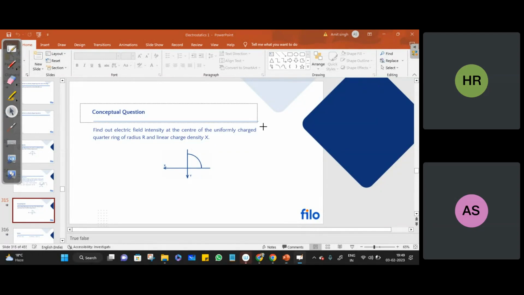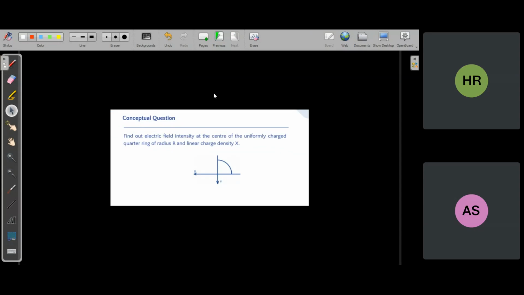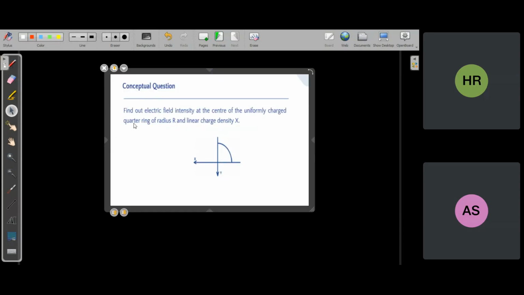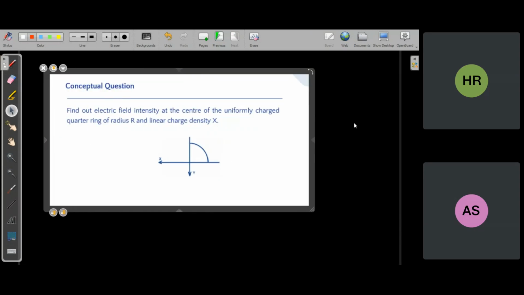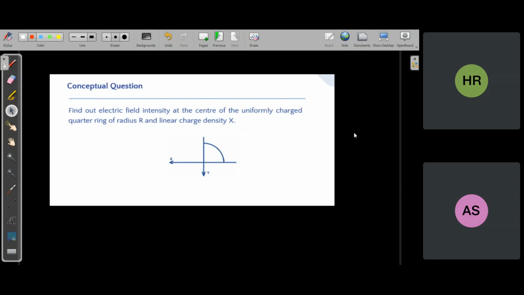If this is the question, then what will you do? So 0 to pi by 2 limit of integration. And which component will you integrate? Which component will get cancelled here?